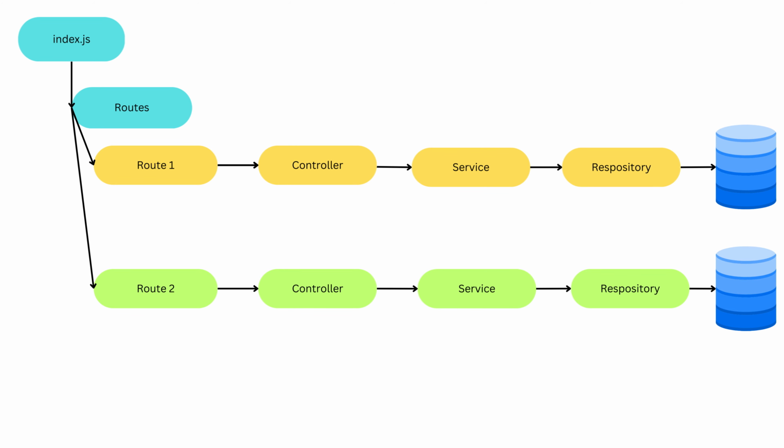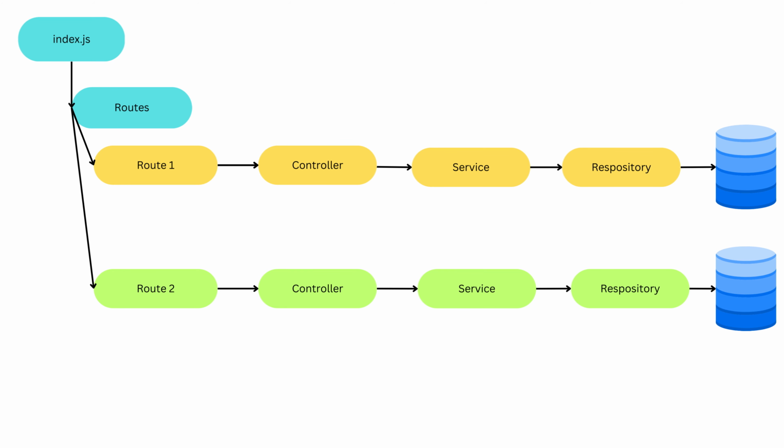As you can see here, the starting point of our application is index.js, and then we have a routes folder where we have defined multiple route handlers. From there, we can define controller, service, repository, all these folders.